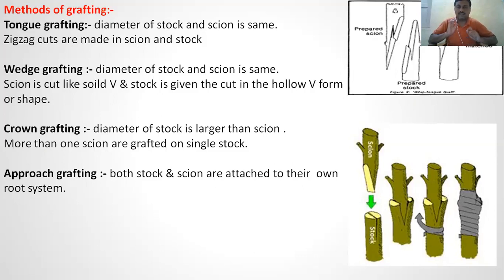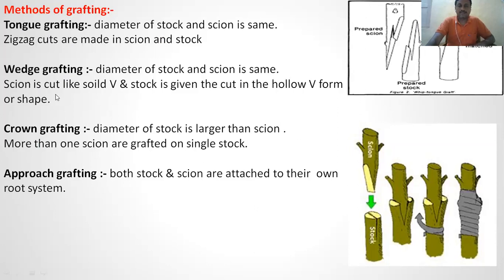In tongue grafting, the diameter of the stock and scion is the same, but zigzag cuts are made in the scion and stock so that these cuts fit into each other and develop a new plant, like in these diagrams, the upper sides show the zigzag cut sections of scion and stock. This method is called tongue grafting.